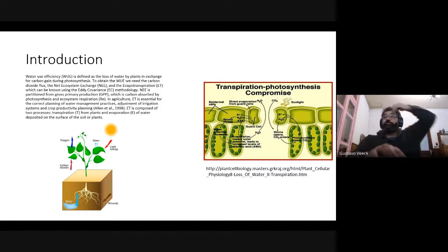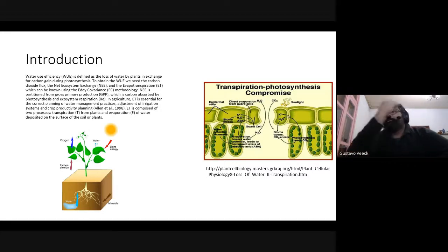In agriculture, the evapotranspiration is essential for the correct planning of water management practices, adjustment of irrigation systems, and crop productivity planning. Evapotranspiration is composed of two processes: transpiration from plants and evaporation of water deposited on the surface of soil and plants.